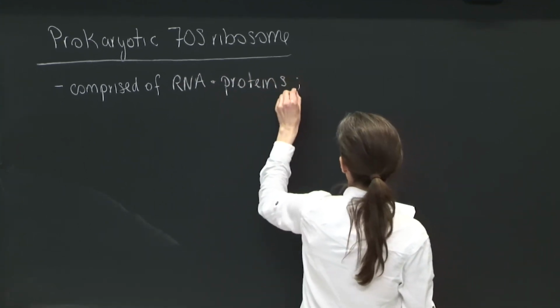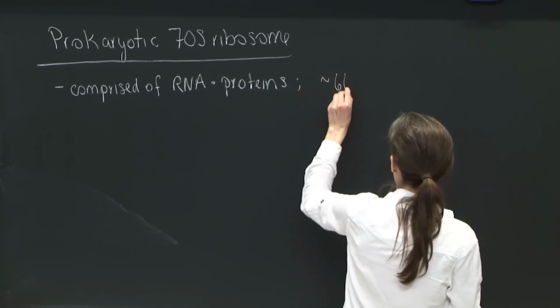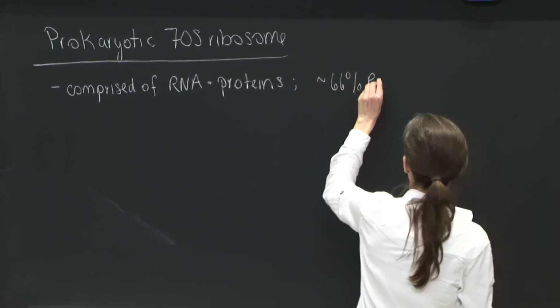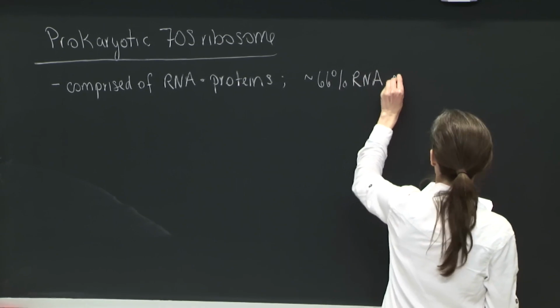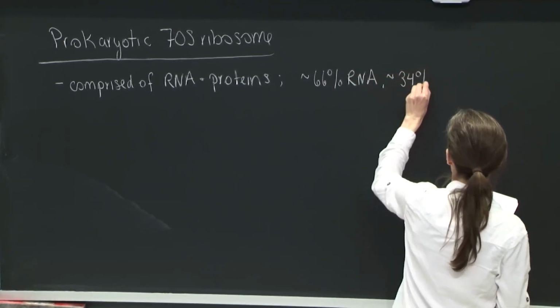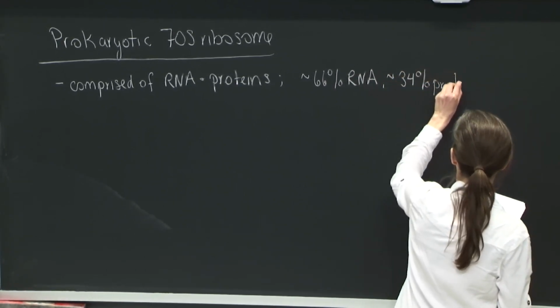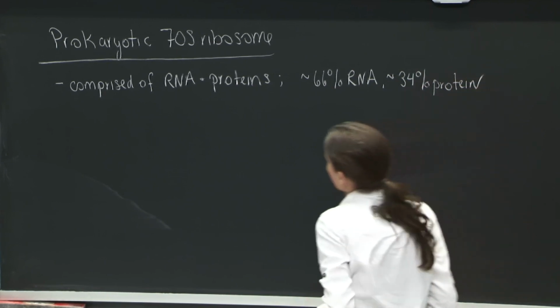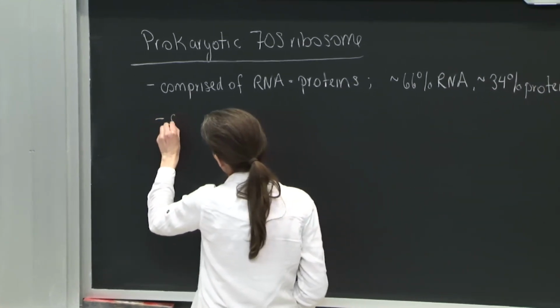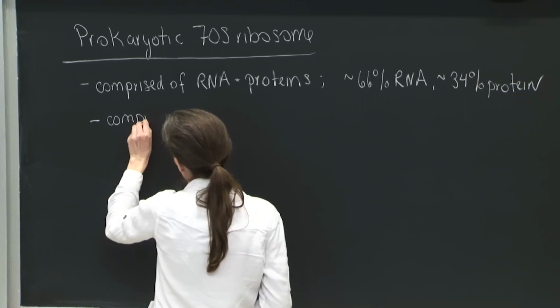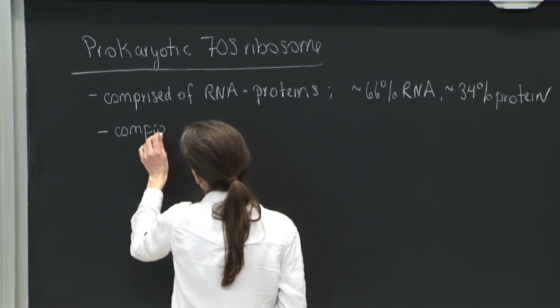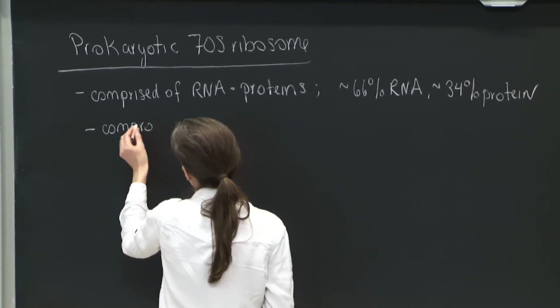By mass, it's about 66% RNA and about 34% protein. And it's comprised of two subunits, and those are indicated in the cartoon by different colors.